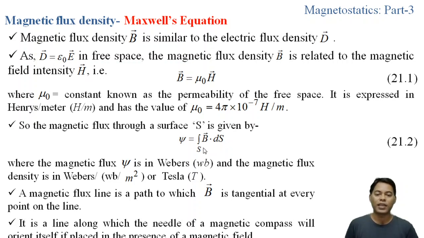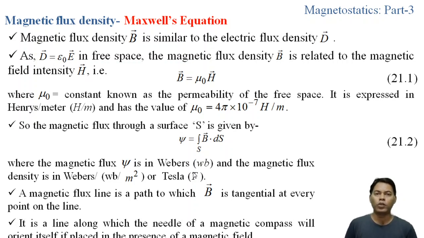By this equation we can calculate the total magnetic flux coming out through a surface. As psi is the total magnetic flux, it is in Webers, and the magnetic flux density is in Webers per meter square, or it is famously known as Tesla.